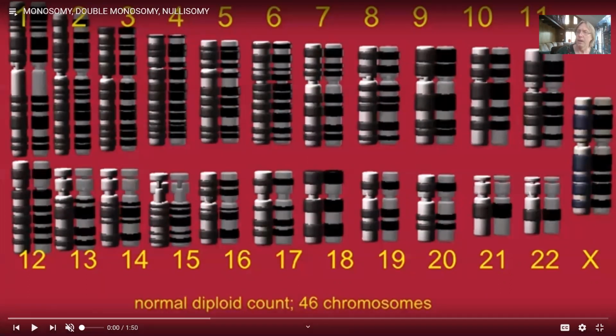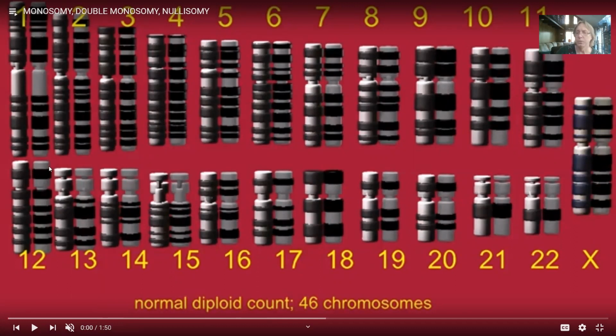So these are profound. A lot of the things we see running in families are single genes, but there are very large numbers of genes which are located on a chromosome. And so if there is a change in a chromosome where there's an extra one, or one is missing, or there's a change in the structure, this doesn't affect just one gene, this affects many genes.